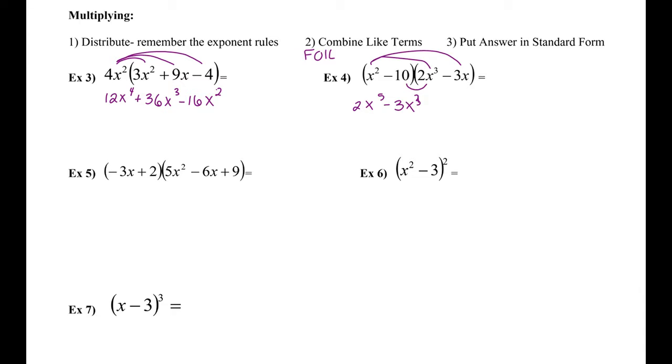Then I'm going to distribute the inner two terms together and the last two terms. And combine like terms to get 2x to the fifth power minus 23x cubed plus 30x.